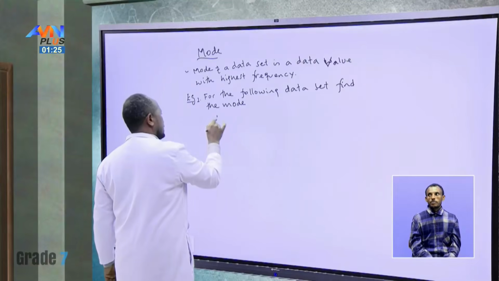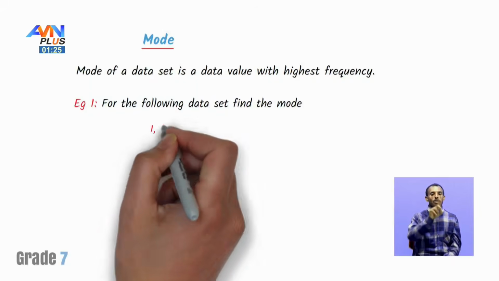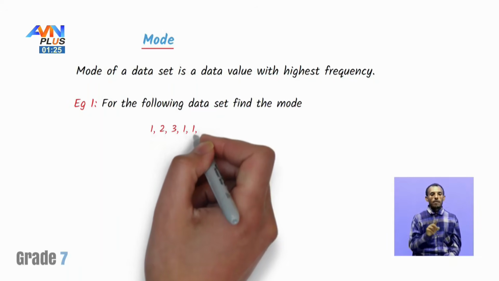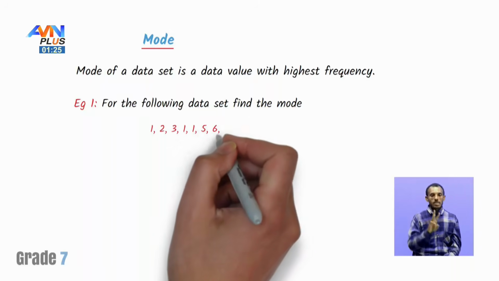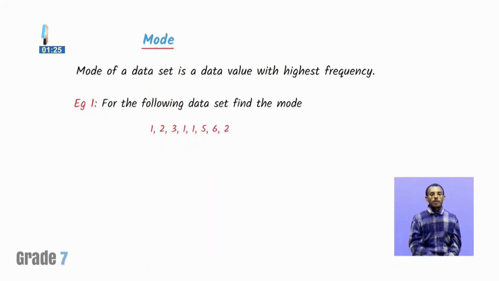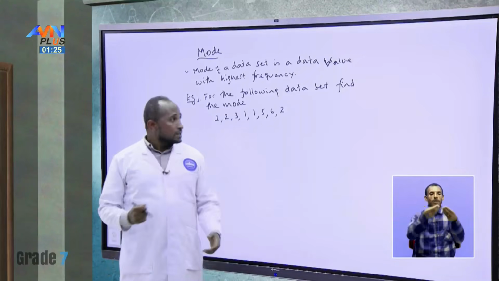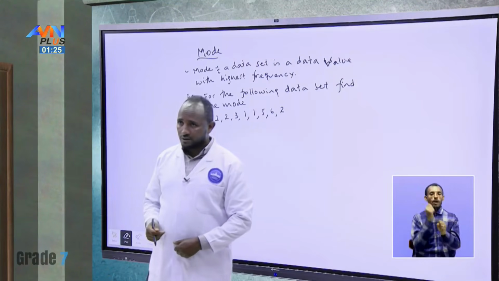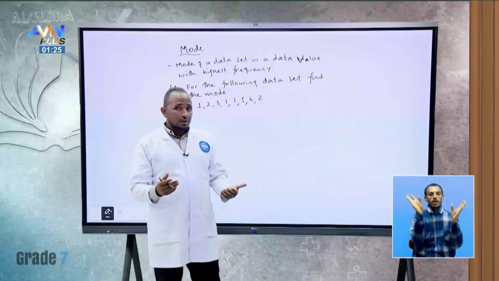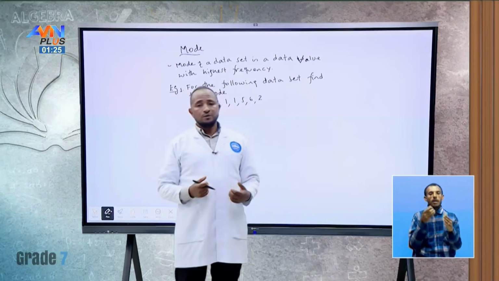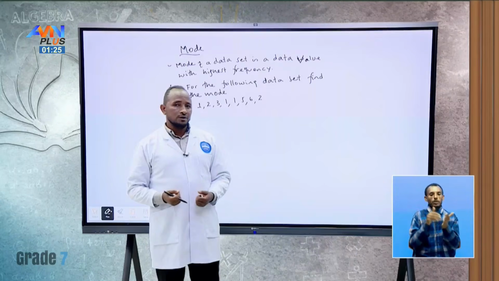Here is the data: 1, 2, 3, 1, 1, 5, 6, 2. This data set is given, so we are asked to find the mode. The mode of a data set, as said earlier, is the data with higher frequency or greater number of repetition.